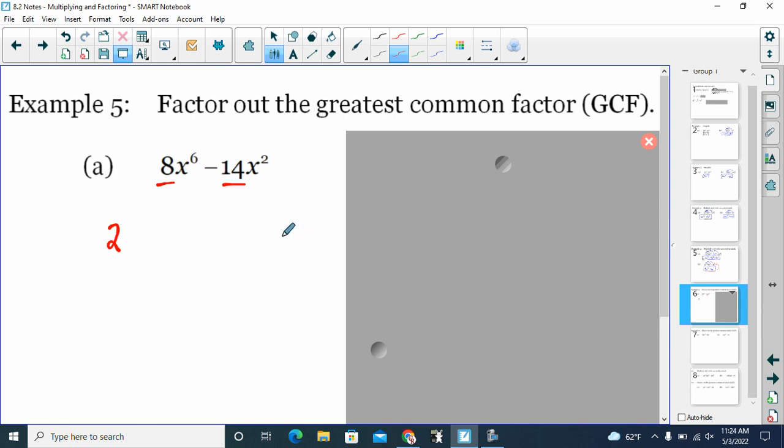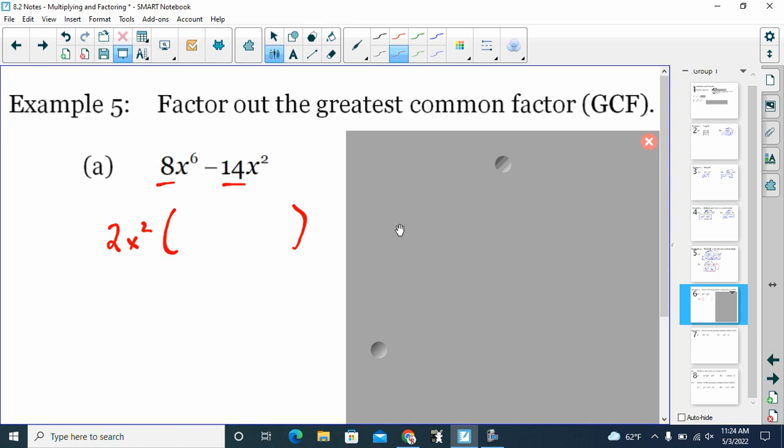And when I've got x's in there, x to the 6th, x to the 2nd, the one you can take out is always the smaller of the two. So x to the 6th, x to the 2nd, the smaller one is x to the 2nd. So our greatest common factor, the thing I can take out of both of those, is a 2x squared.